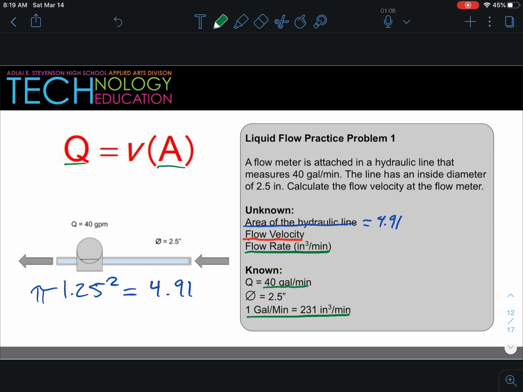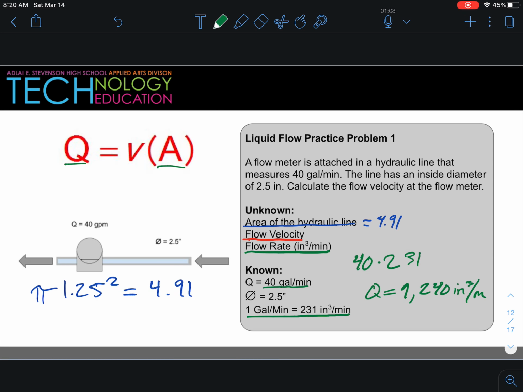So we're going to do 40 times 231, and we will find Q to equal 9,240, and this is inches cubed per minute.